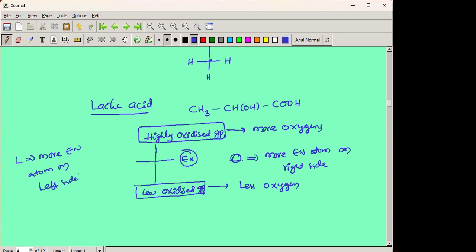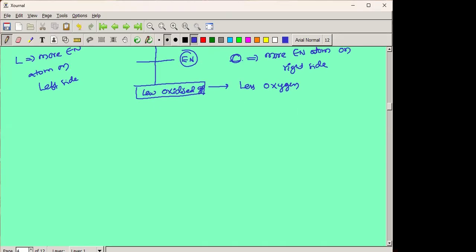So that is how we can represent if more atoms are present, right? Here we have taken lactic acid as one example. In lactic acid, the COOH group, which is the more oxidizing group, will be represented on top, and the methyl group, the less oxidizing group, will be at the bottom of the vertical line.